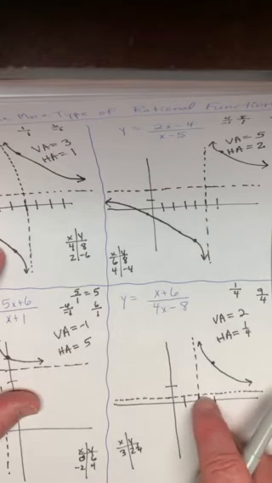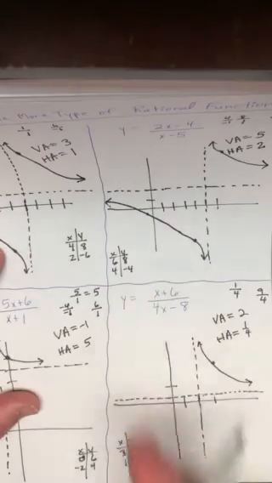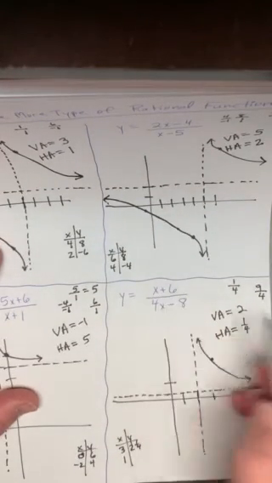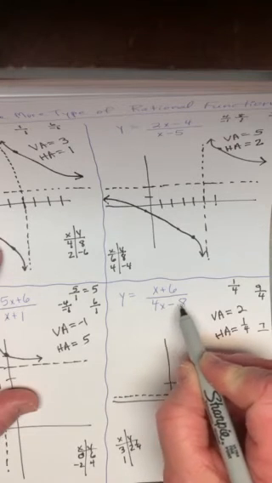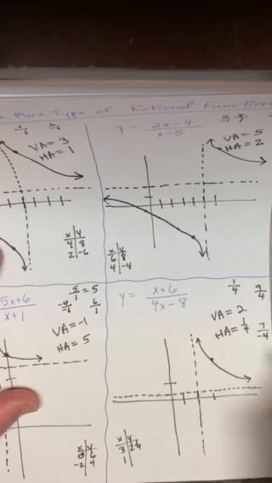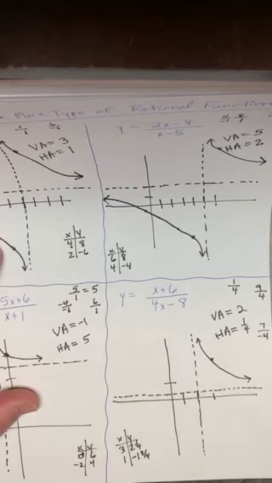Give me a number to the left of that vertical asymptote. You would all pick 1. Plug 1 into the original problem. 1 plus 6 is 7. 4 times 1 is 4, minus 8 is -4. 7 divided by -4, if you did that on your calculator, would be -1 3/4, -1.75.